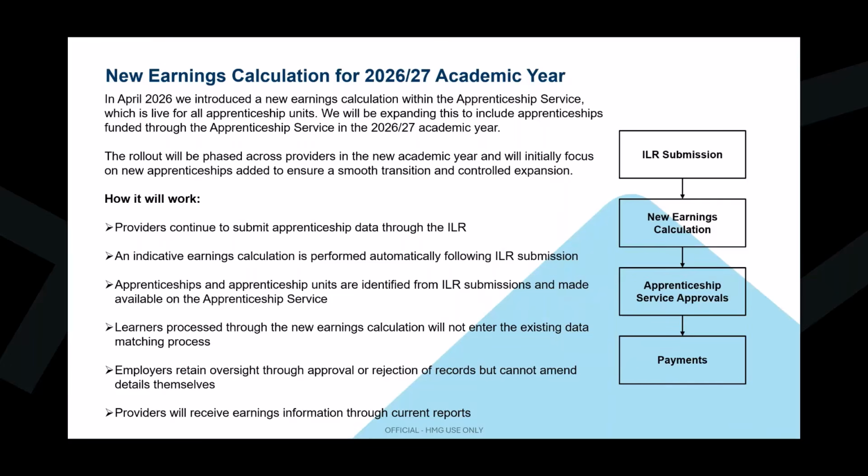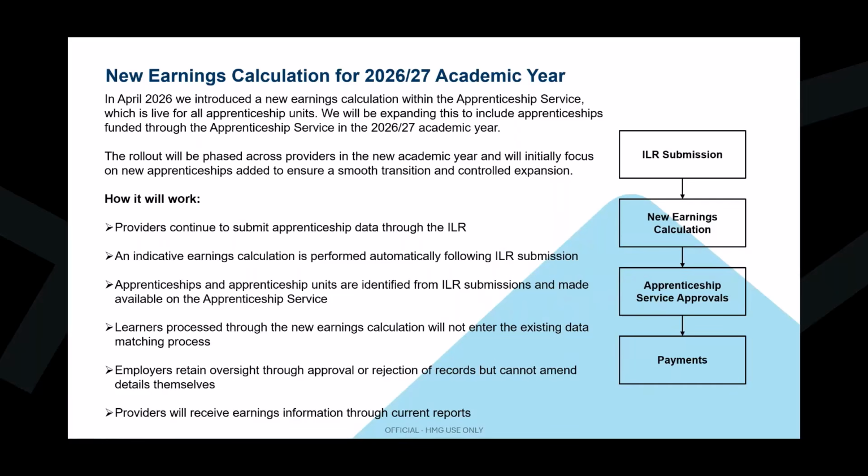The rollout will be phased across providers in an academic year, and it will initially focus on new apprenticeships added to ensure a smooth transition and controlled expansion. This will look very similar to the current earnings calc format, but it is part of our wider payment simplification and improvements to have a single data source for apprenticeships, eliminate the data mismatches, reduce data locks, and speed up the payments to providers.